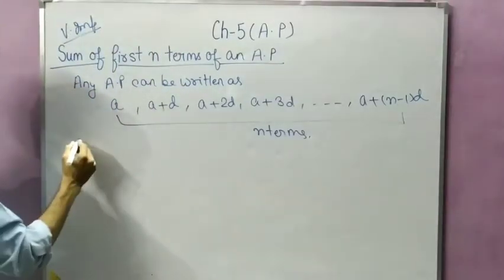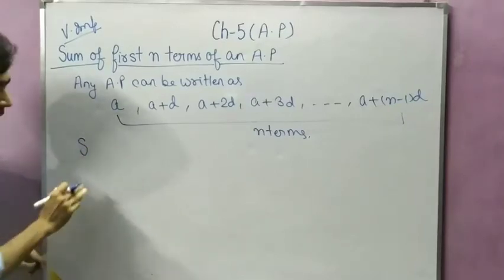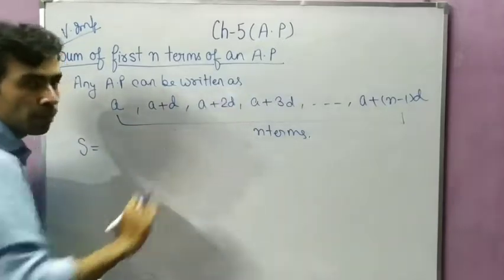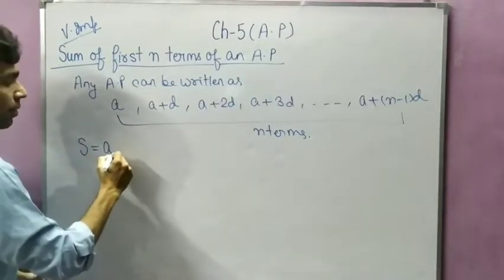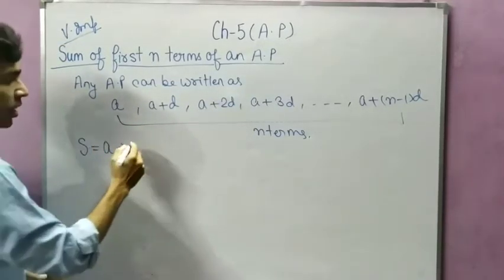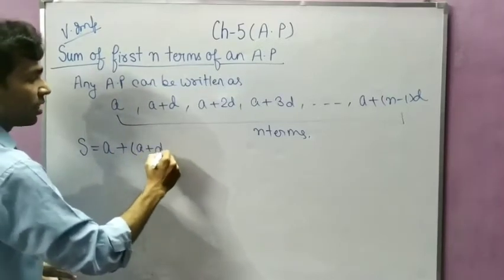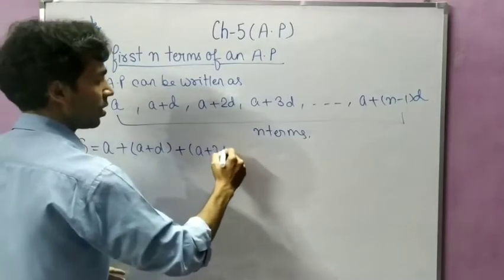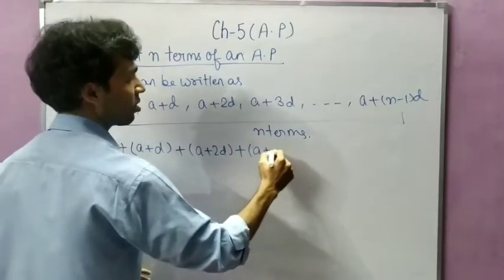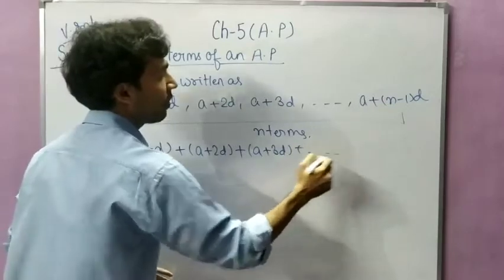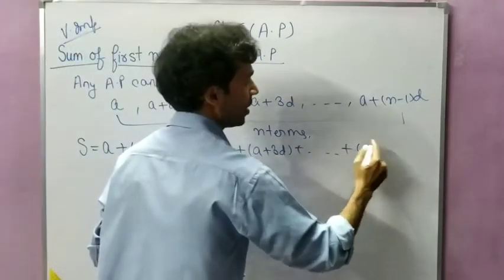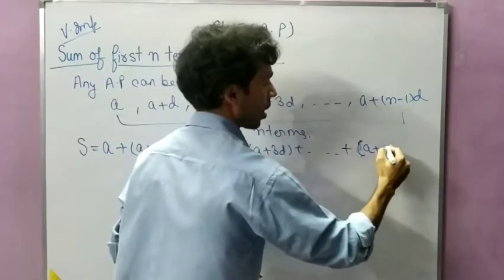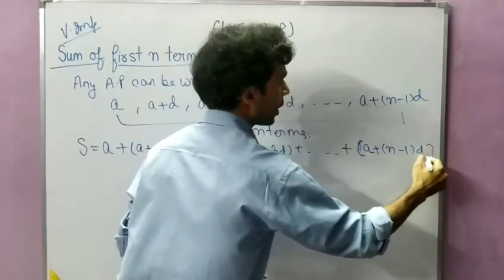So this can be written as S for sum. Suppose I add all these terms: a, the first term, plus a plus d, the second term, plus a plus 2d, plus a plus 3d, up to a plus n minus 1 d.